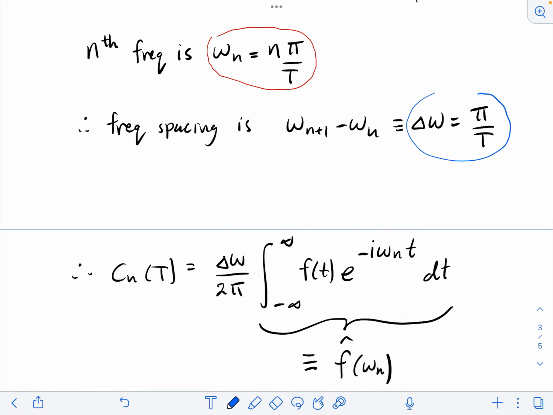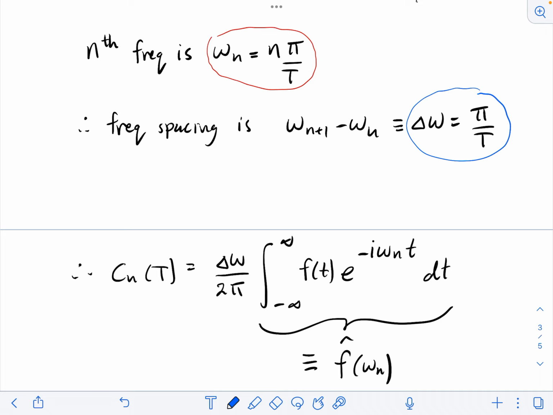Delta omega is the spacing of adjacent frequency spikes in the Fourier series. And so if we take T goes to infinity, that spacing goes to 0. If the spacing between adjacent frequencies vanishes, then the omega n in the red circle goes from being discrete spikes to a continuous function.